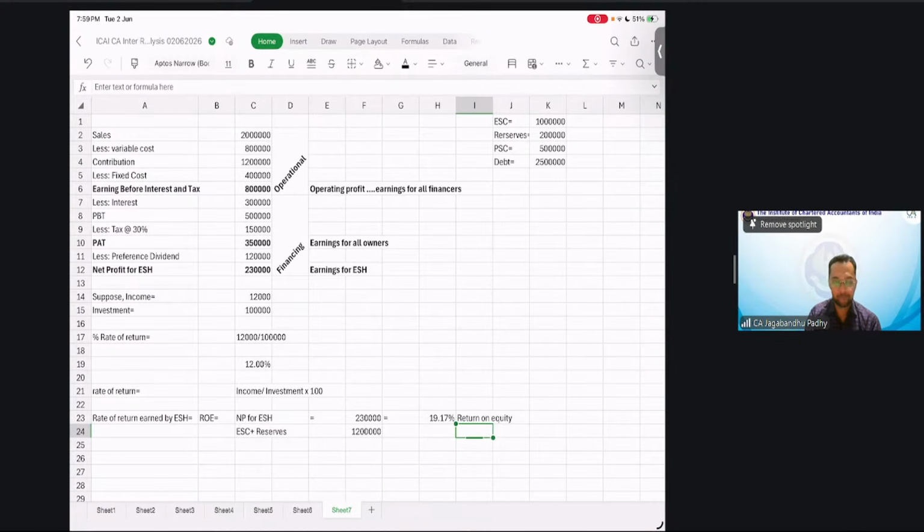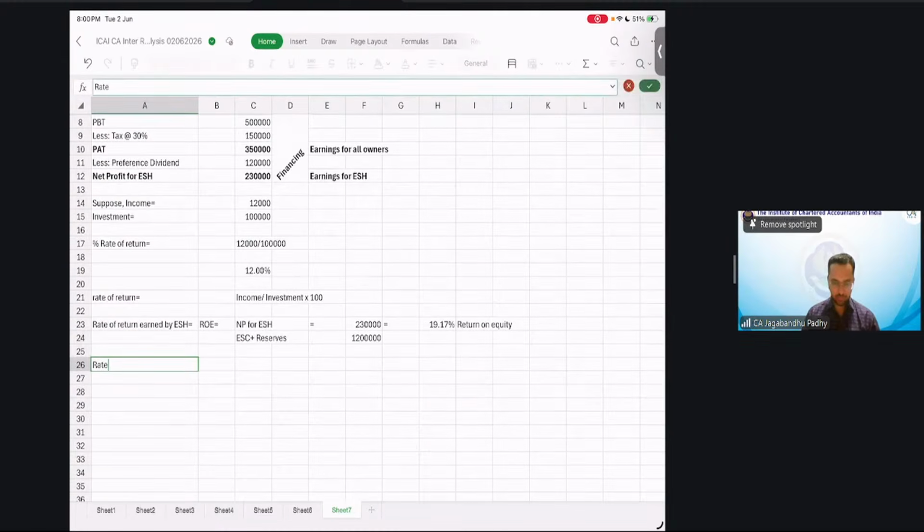Okay. So rate of return earned by equity shareholders is 19.17%. Similarly, if I ask you, what is the rate of return earned by all owners?